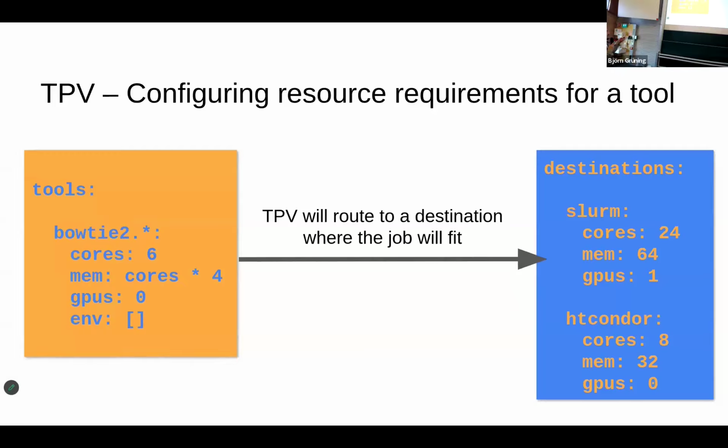However, the destination with GPUs could run this job, but this is maybe not efficient if you have GPUs there. It just orders the destinations, and it will try to fit the job into one of the available ones without necessarily ranking them or saying one is better than the other.